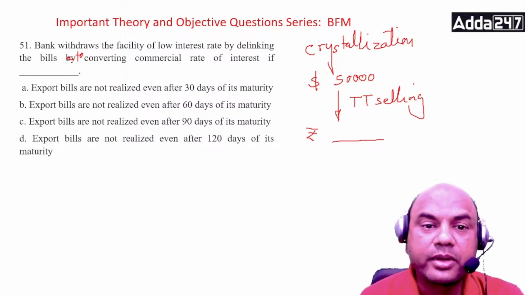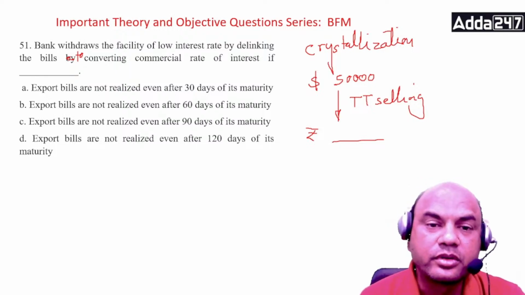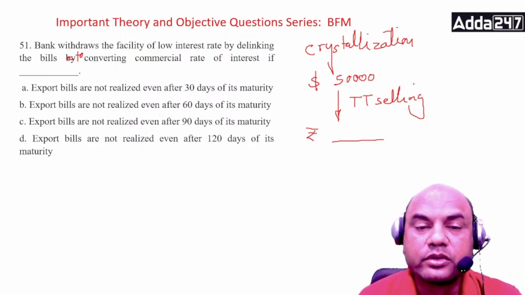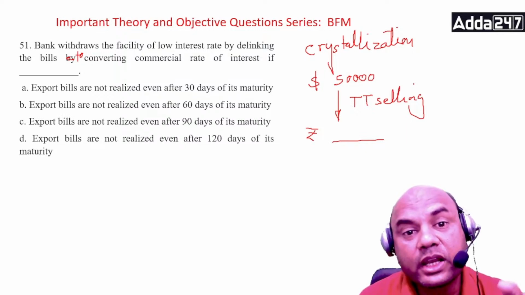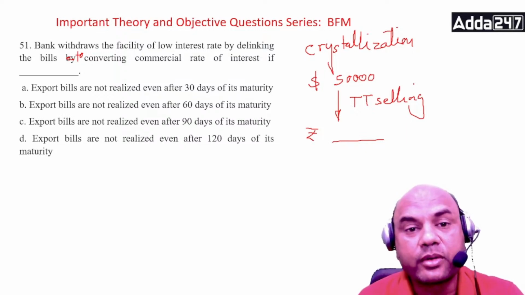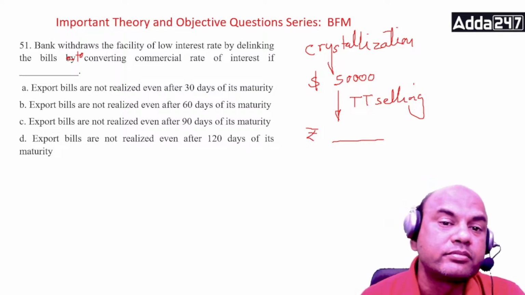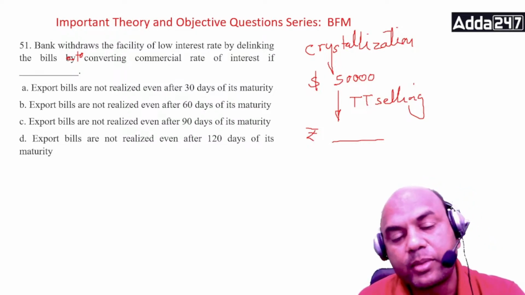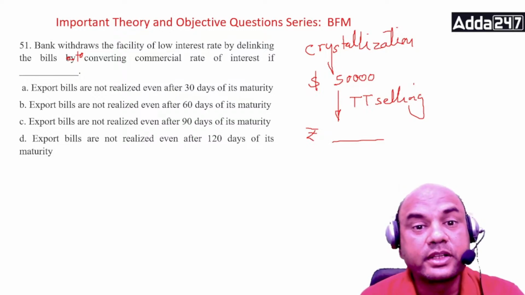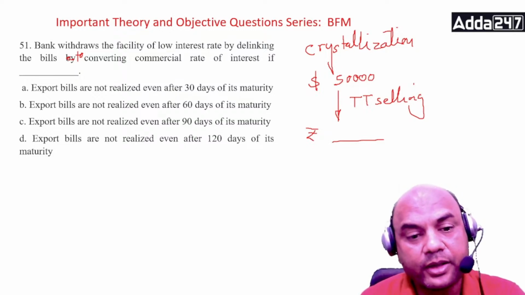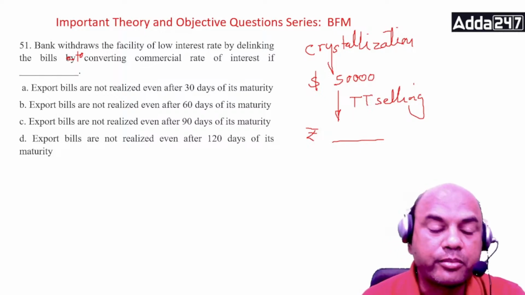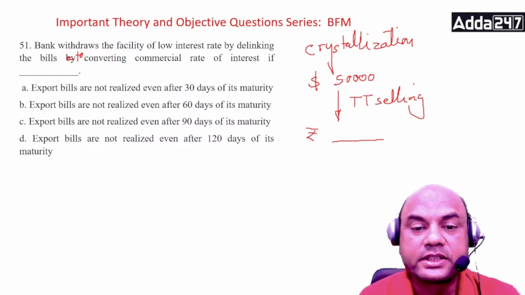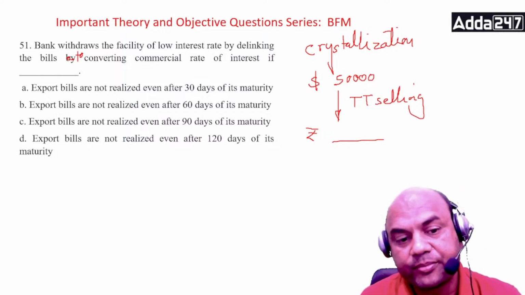But now RBI has given a special permission also. Banks can crystallize their loans whenever they require, as per the discretion or arrangement between the customer and the bank. That's the special permission given by RBI. But as per your books, it is if export bills are not realized even after 30 days of maturity.